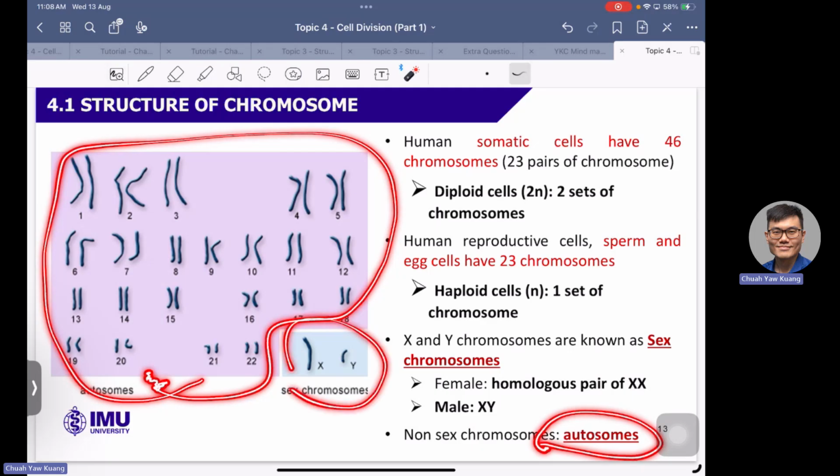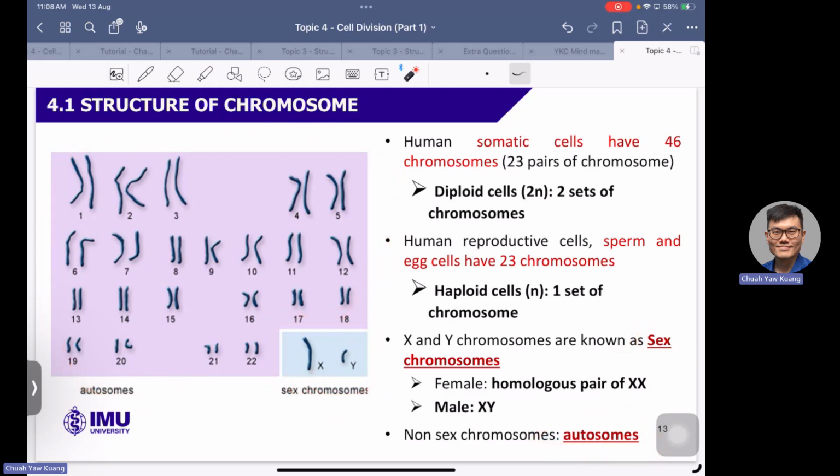And we have a pair of chromosomes which is the XY chromosome. Girls will have XX and males will have XY. This special pair of chromosomes is chromosome 23. It contains the gene for sex determination. It will determine whether you are a boy or a girl. So this one we call the sex chromosome.